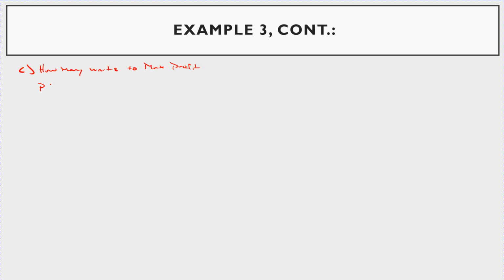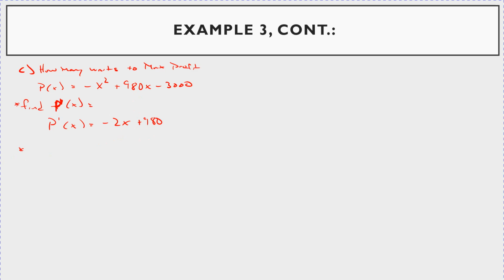Our profit function, P of X, is minus X squared plus 980X minus 3,000. So you're going to find P prime of X by taking the derivative. The first derivative gives minus 2X plus 980.